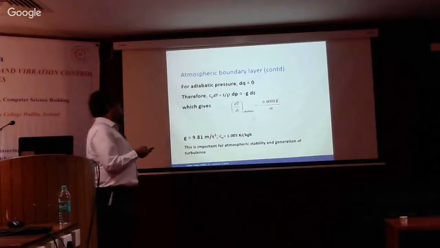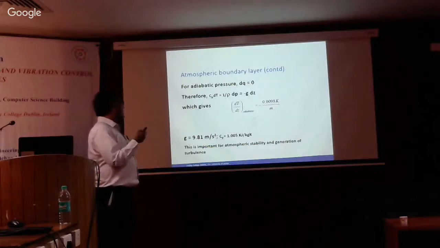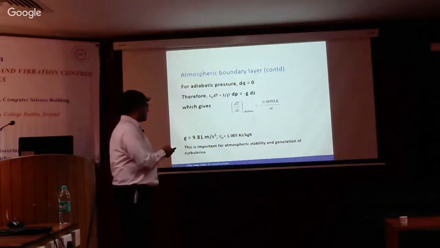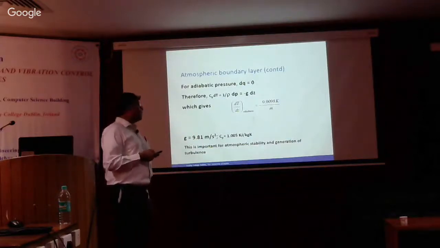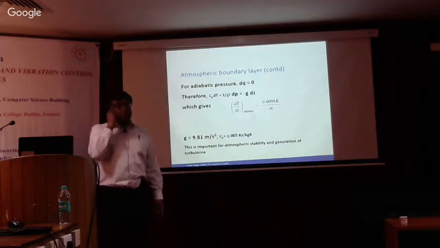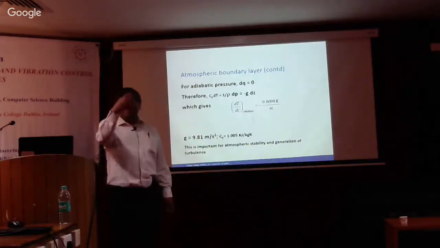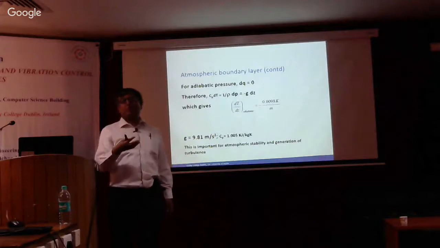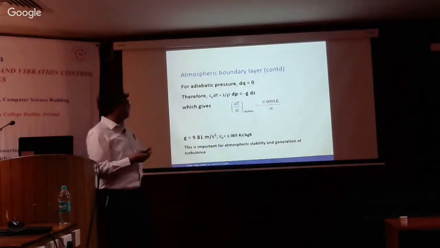So that is the change in the temperature. And this is important for atmospheric stability and the generation of turbulence, because as I said, in the wind we have a laminar mean profile, but we also have turbulence. So obviously we have to account for this.